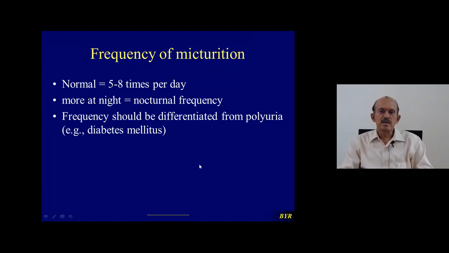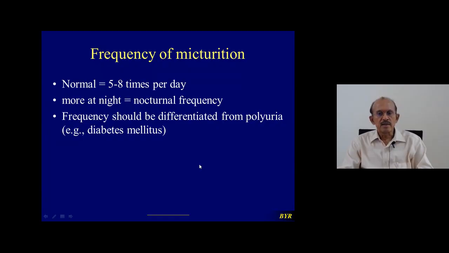So whenever a patient comes to you and says he is passing urine more times, don't jump to a conclusion whether it is diabetes or frequency. You must ask the patient to measure the 24-hour urine output. If it is within the normal range, 1.5 to 2.5 liters, but the patient passes urine more times, you call it frequency.